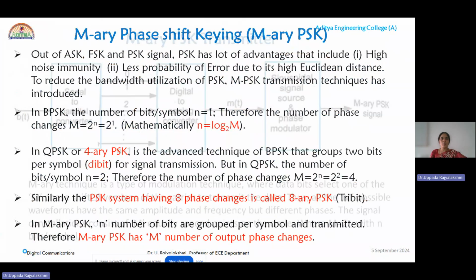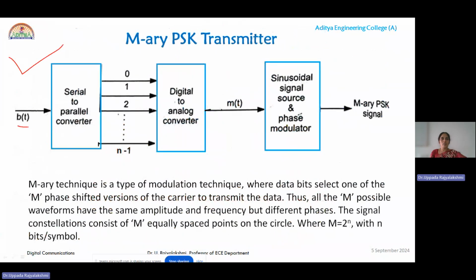Now coming to the M-ary transmitter, initially b(t) is a bipolar signal. We know that it has 2 amplitudes, plus or minus 1. The same we discussed in the earlier modules. In BPSK and QPSK, we discussed the bipolar signal b(t), our input data, which is initially converted into parallel data.